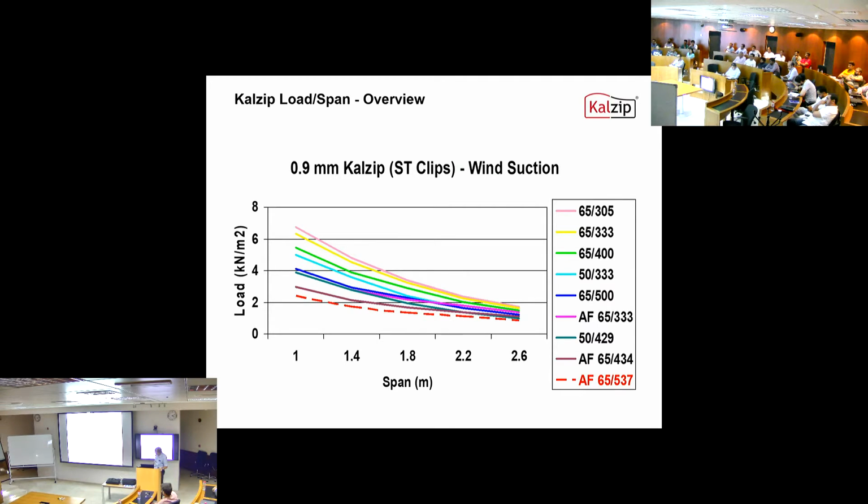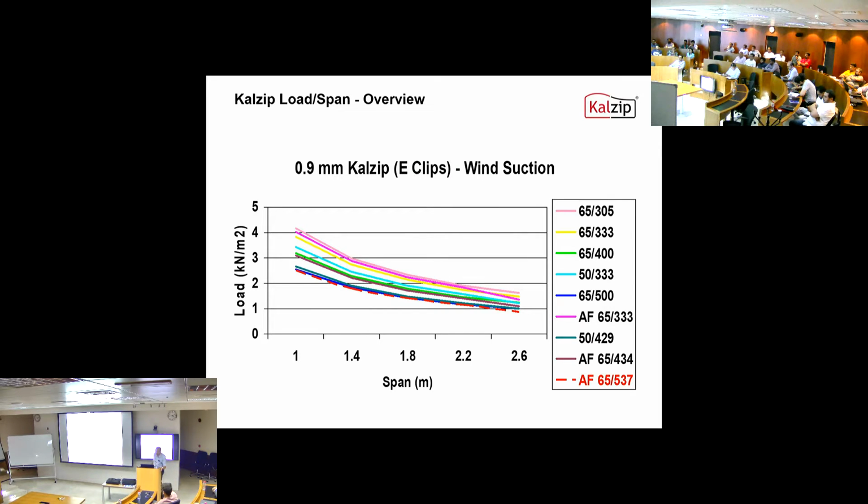The AF profile 65337 is a weaker sheet. The wider sheet is a weaker sheet. And that's the same analysis, but with the E-clips, you can see there. CalZip 400 is a common profile, so you can see it has quite good spanning performance against the load here.